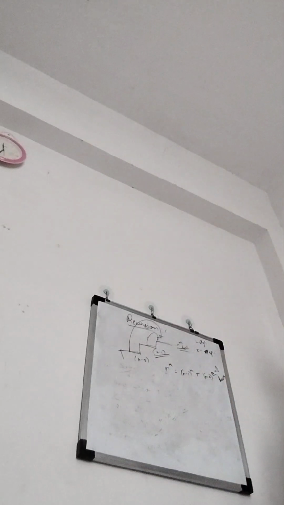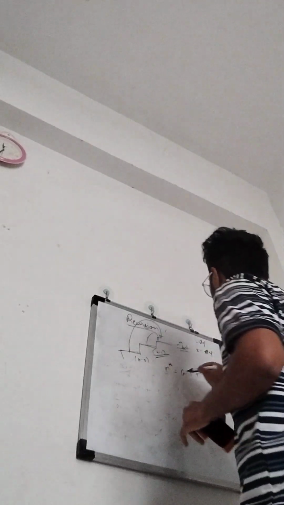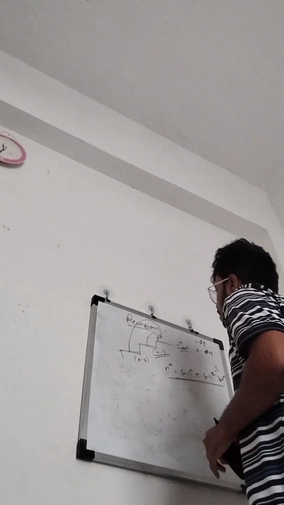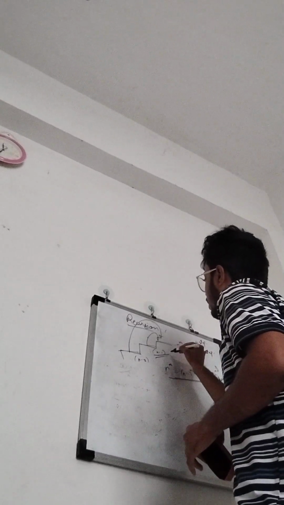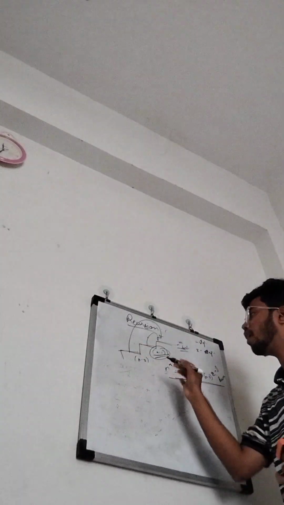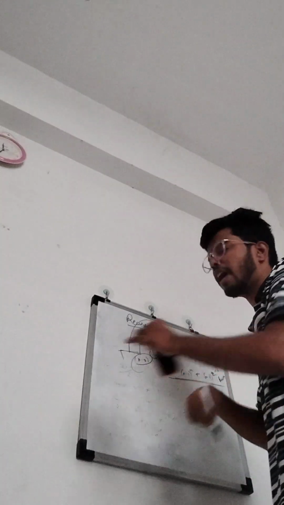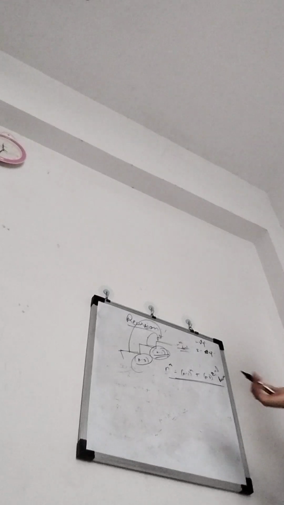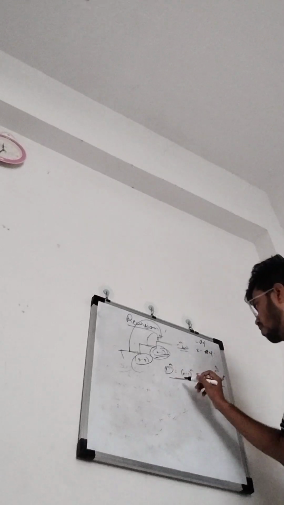Because there are only two possibilities. Fine. Either you reach the n minus 1th level or you reach the n minus second level. Okay. To reach the nth level. So this is the possibility.